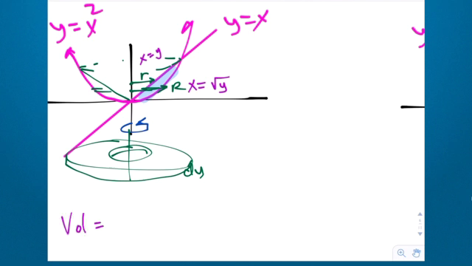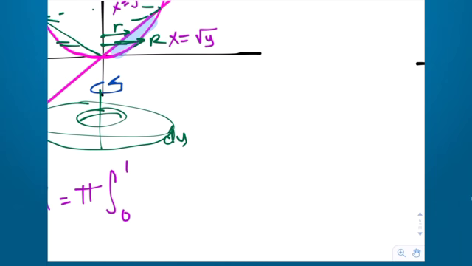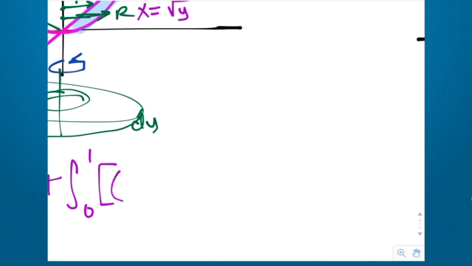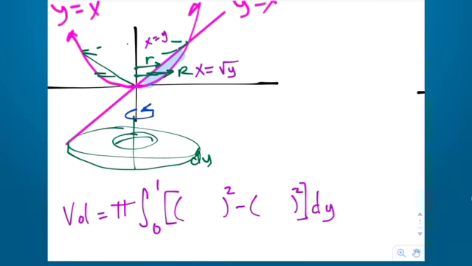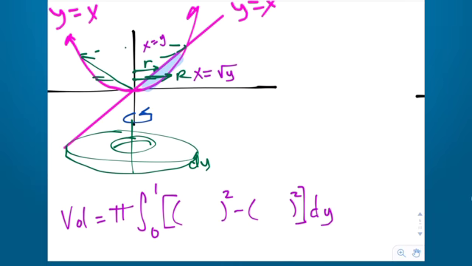The volume, VOL, is equal to, what goes out front? Pi, sum of the infinitely thin slices from y equals 0 to y equals 1, of big R squared minus little r squared, d what? dy. Anytime it's horizontal, it's dy. Now, big R is right minus left.